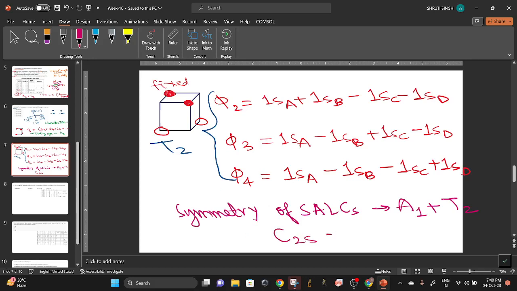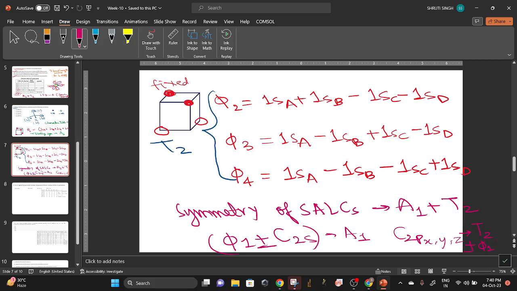Carbon 2s belongs to A1 symmetry, and carbon 2p x, y, z also belongs to T2 symmetry. So there should be overlap between the SALCs and the atomic orbitals of matching symmetry.